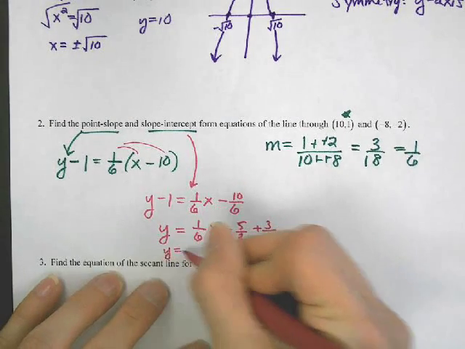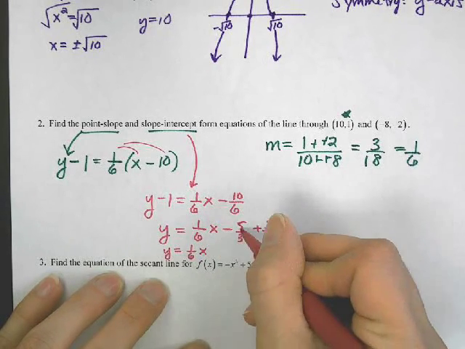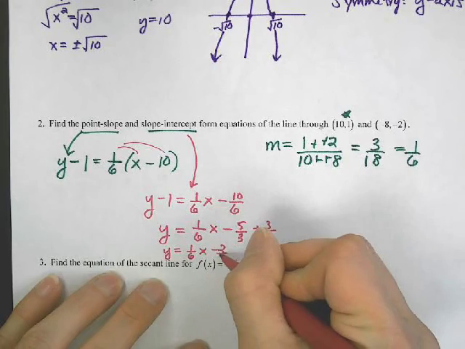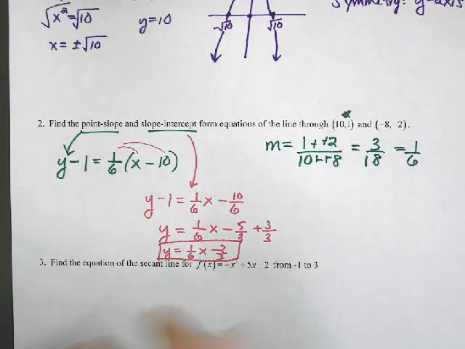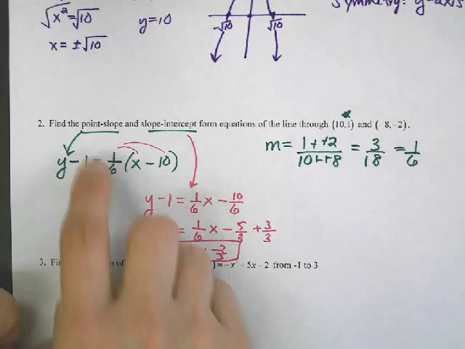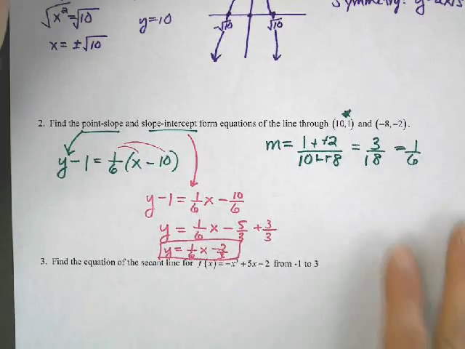So y equals 1/6x minus 2/3. So this is the equation in slope-intercept, and that's the equation in point-slope. Okay, all of these formulas, slope equation, point slope, slope-intercept, that should all be on your Chapter 1 note card. If you don't have that, make sure you add that on.